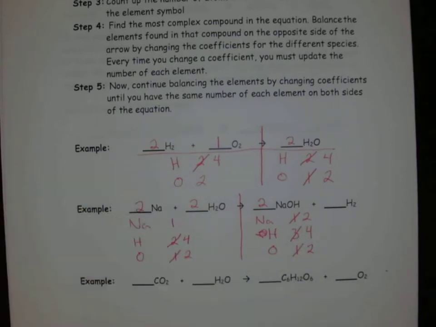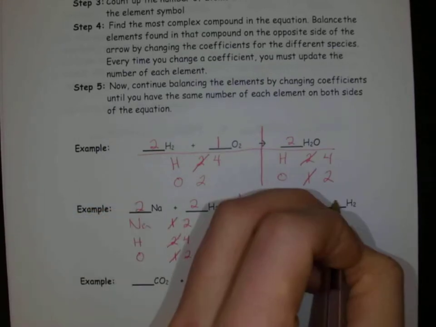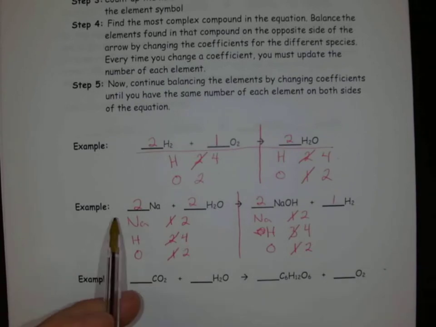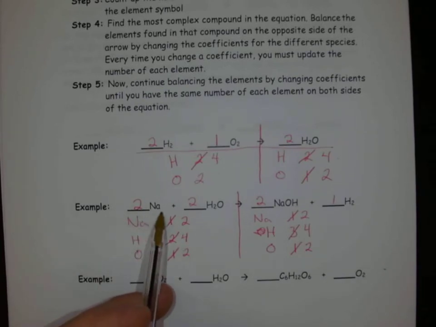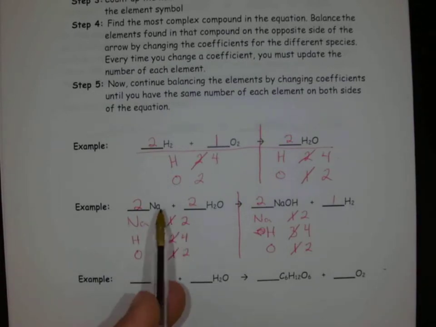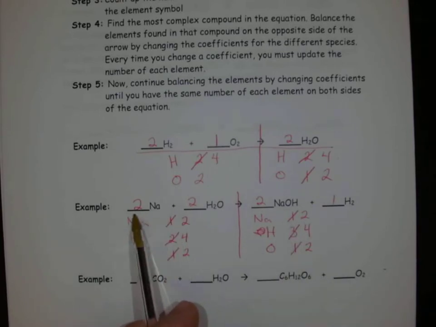There's 2 sodiums at the end, so that makes that 2, and that leaves that at a 1. You'll notice that I balanced sodium pretty much at the end here because sodium is really easy to balance. I can just have however many multiples of sodium there. So start with our most complex, end with our least complex.